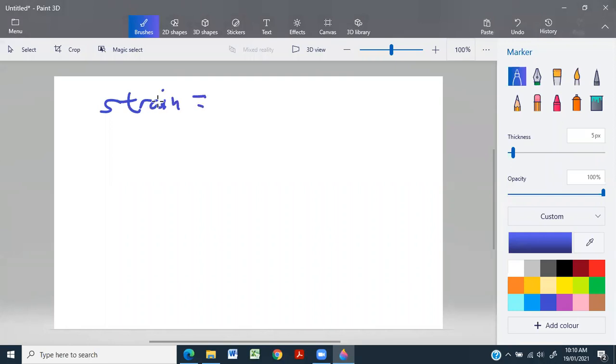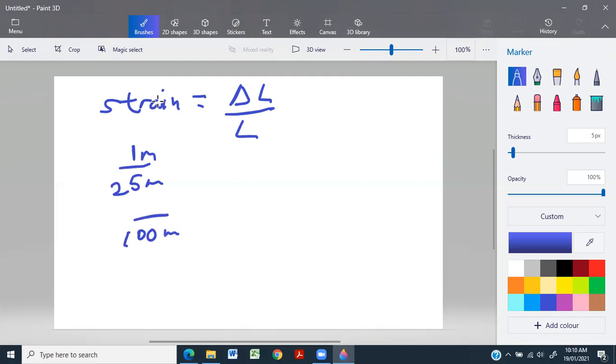So let's say delta length, right? The change in length divided by the original length. And this is useful, of course, because let's say we had a bar or a piece of wire that was 25 meters long, and by stretching it, applying a force, it elongated, it extended 1 meter. That's different from having a bar, let's say 100 meters long, and that being extended 1 meter, right?